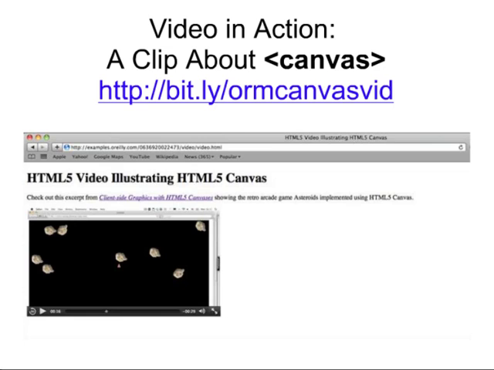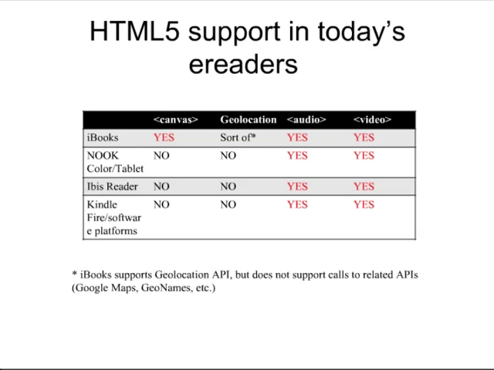So as a recap of everything we talked about, I wanted to talk a bit about what HTML5 support looks like in today's e-readers. Browser support is really great at this point. Canvas, audio, video, geolocation all work really well in most major web browsers. But in e-readers, it's still a bit of a mixed bag.